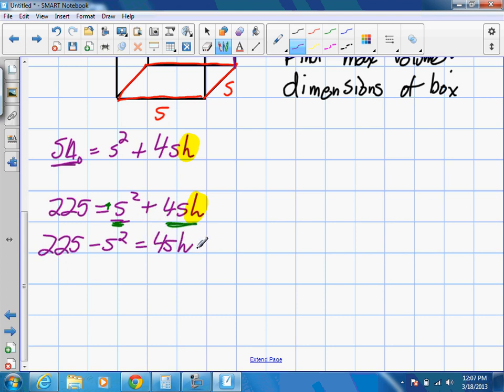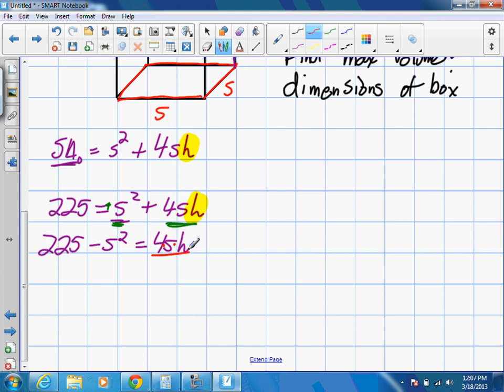And we're trying to isolate H. How do I move that 4S, or even just the 4 to start with? We'll have to divide by 4. Now, technically, because there are 3 terms being multiplied here, it's 4 times S times H. I can move both of them at the same time. Think of them as one set together as 4S.